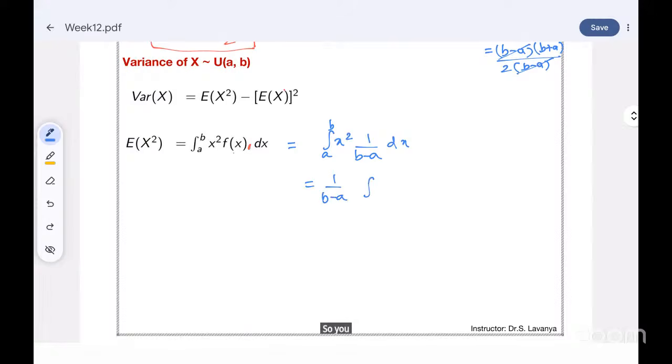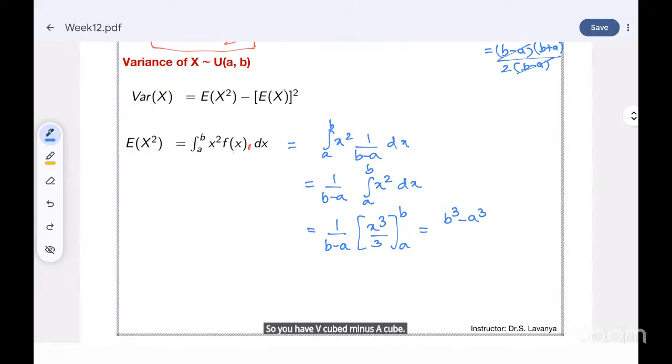So you have integral a to b x square dx. Now what is integral a to b x square dx? x cubed by 3. And then you have to substitute a and b values. So you have b cube minus a cube by 3 times of b minus a.